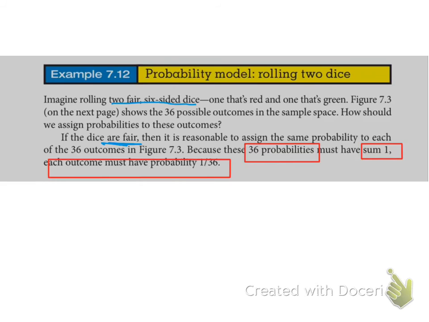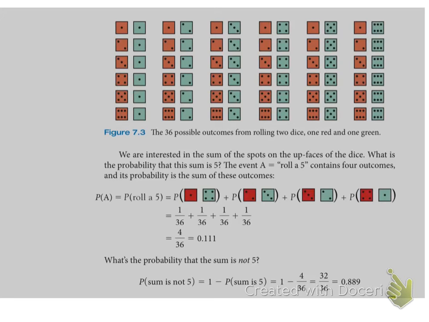So let's see what it is. We have two dice, a red one and a green one. So we have sorted out different combinations for green and red here.